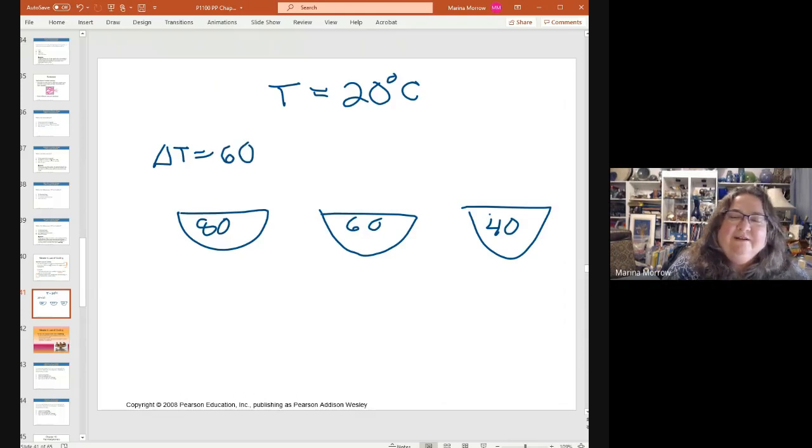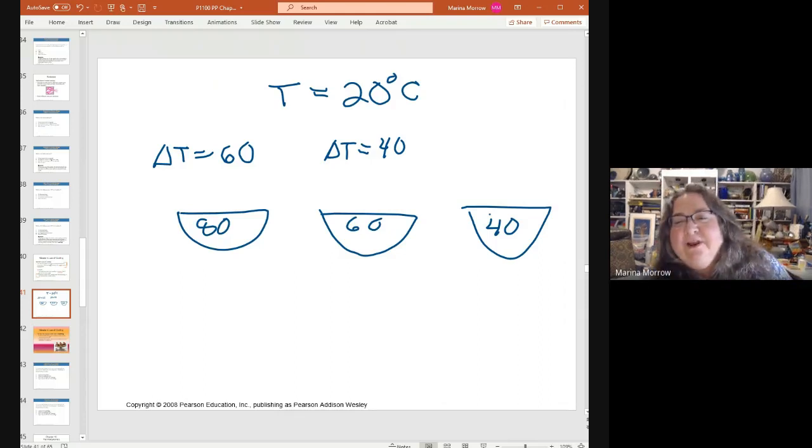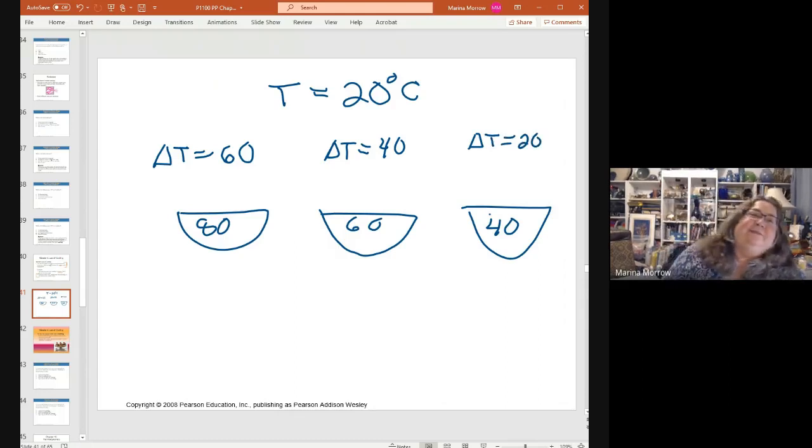The bowl in the middle, 60 minus 20, so delta T is 40. And the bowl on the end, we've got 40 minus 20, so delta T is 20. That's the temperature difference between the object and its surroundings.